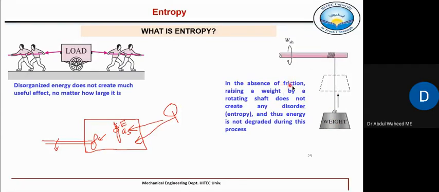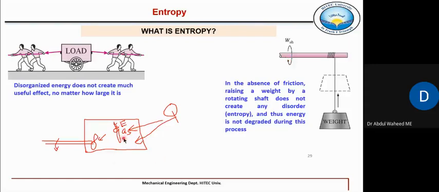So for the time being, if we neglect friction, raising a weight by rotating this shaft does not create any disorder. And therefore energy is not degraded during this process. So it means in this case, when the shaft is rotating, all the molecules of the gas are actually moving in one particular direction, not like here.